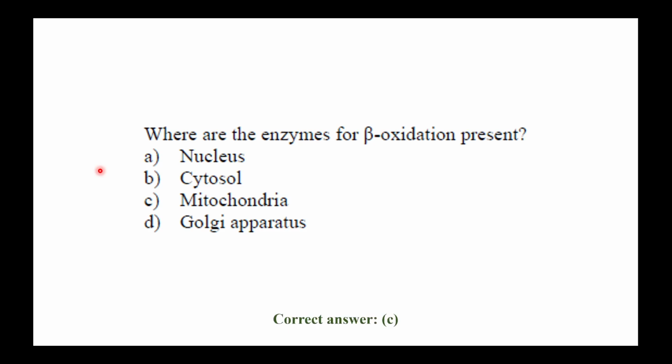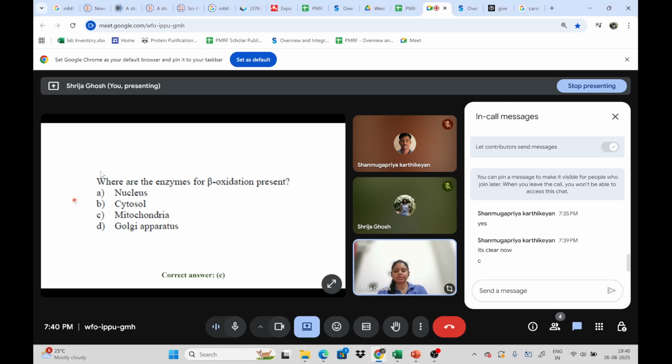So, if you remember from the previous sessions, what was the other cycle that was occurring in mitochondria? TCA, yes. And do you know the major product of beta oxidation of fats?